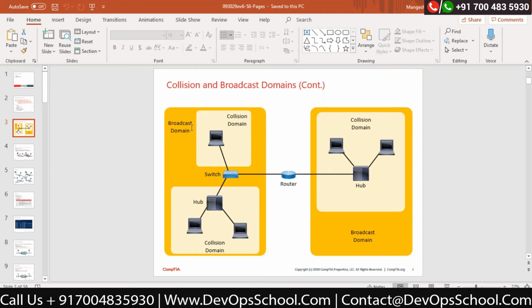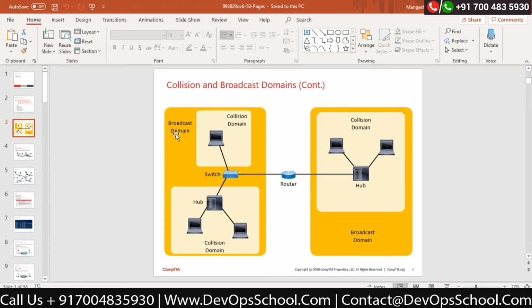Under the switch, whatever local LAN there is would be considered a collision domain. So my switch would be handling all the collision domains. Now, handling all these collision domains is the responsibility of the router. So the whole group of collision domains would be considered one single broadcast domain.